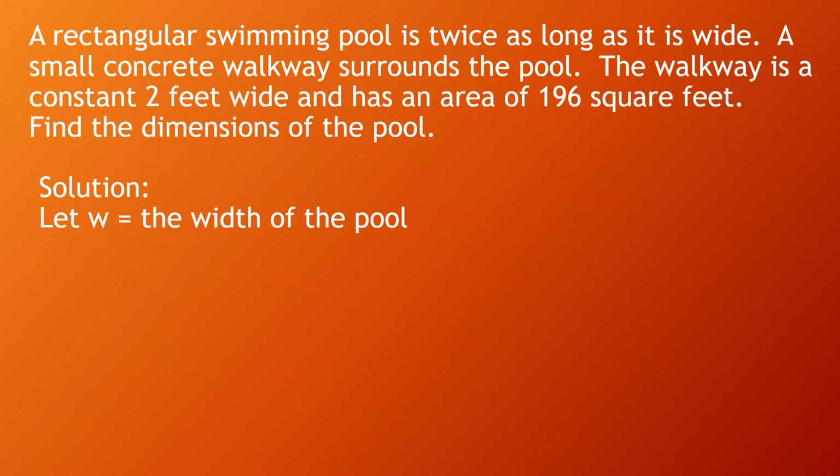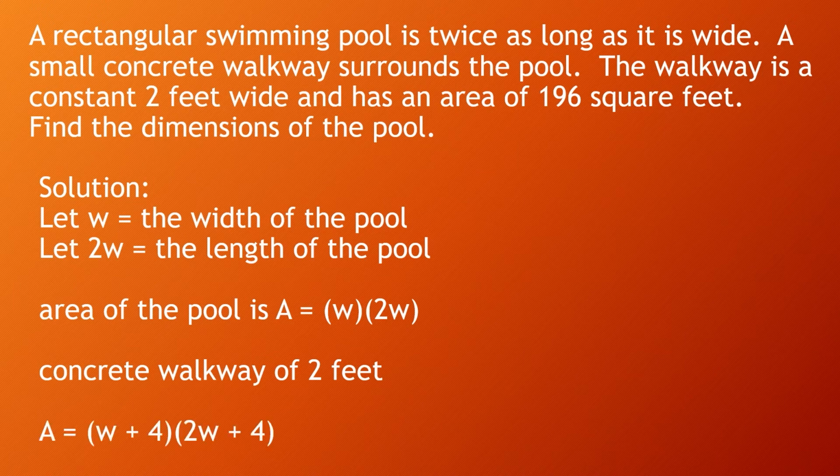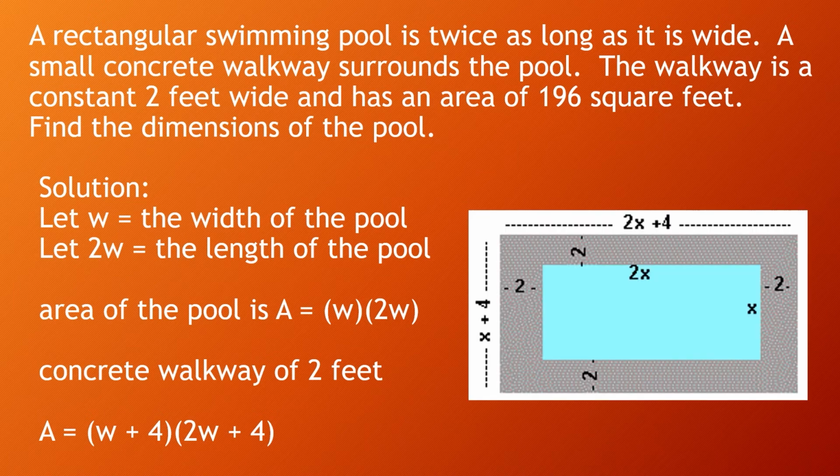Solution. Let W equal the width of the pool. Next, let 2W equal the length of the pool. So the area of the pool is A is equal to W times 2W. We have 2 feet of concrete walkway. Since the problem says the swimming pool is rectangular, we have the following equation: A is equal to W plus 4 times the quantity 2W plus 4.